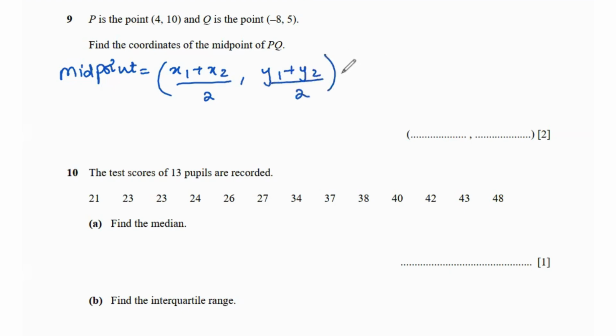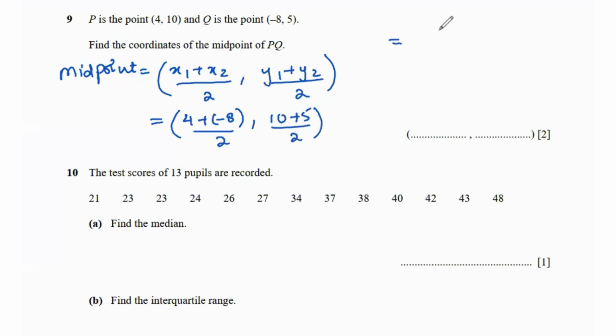If you struggle with remembering this formula, the next best thing you can do is remember that you're finding the average of the x values for the first coordinate and the average of the y values for the second coordinate. So we do 4 plus negative 8 over 2 and 10 plus 5 over 2.